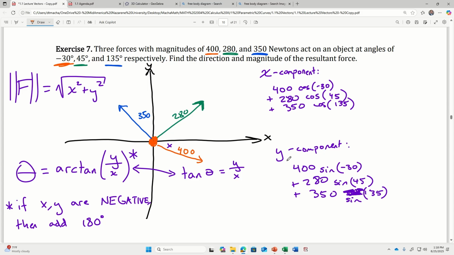So if I want to know about the direction of a particular force, I would need to say the tangent of that direction has to be equal to the y component, because that would be on the opposite side of the triangle, divided by the x component, because that would be on the adjacent side of the triangle. So tangent of theta is equal to y over x.